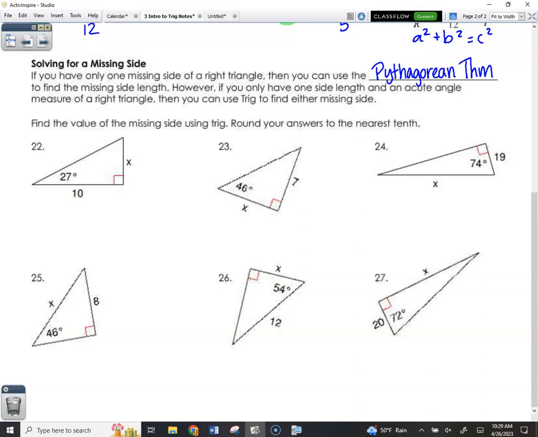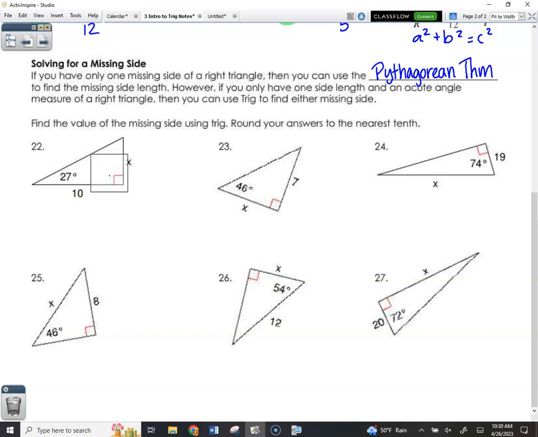All right, now let me show you how to do it. This goes back to the front of the paper where I made you write down the quote. Set up your trig function. Label your triangle, then set up your trig function. So let's look at number 22. When I say label your triangle, I'm referring to what we did yesterday and what we did at the beginning of the notes.